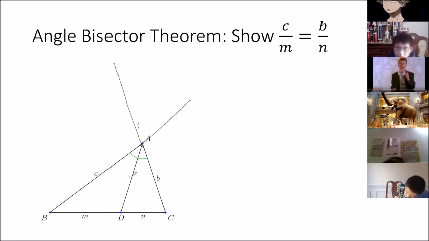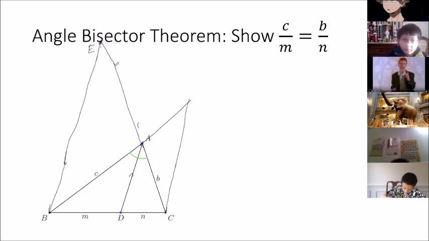And then if you look at AD, we draw lines parallel to AD from B and C. I'm going to call this point E and this point F. So I define these two lines to be parallel to AD.